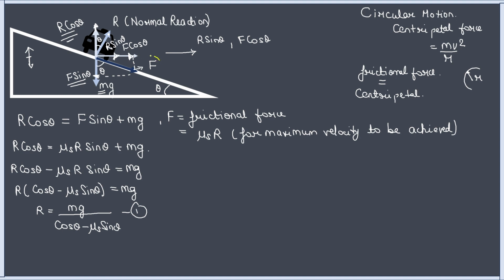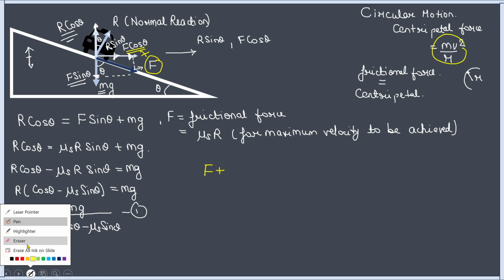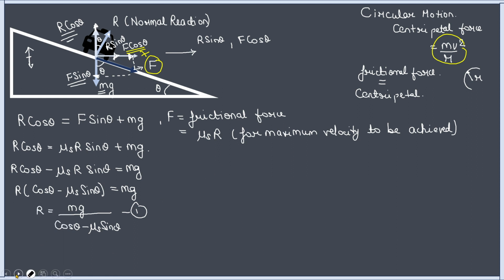Here I have f, here I have r, and the sum of the components, f cos theta plus r sin theta, will be equal to mv square upon r.